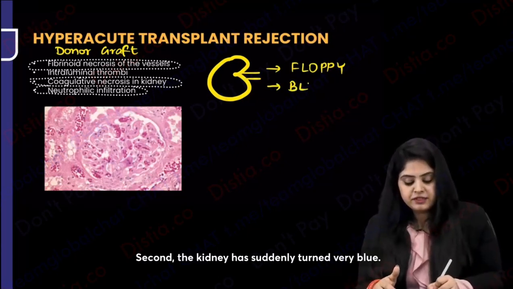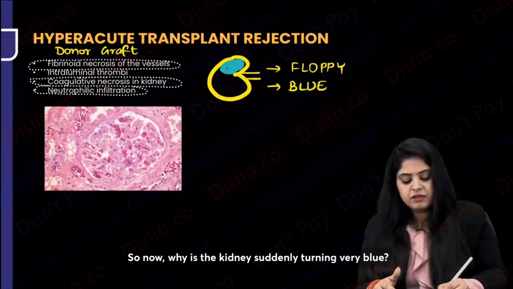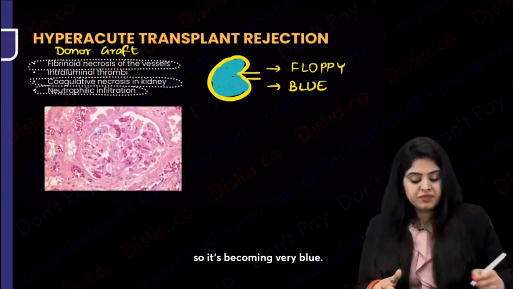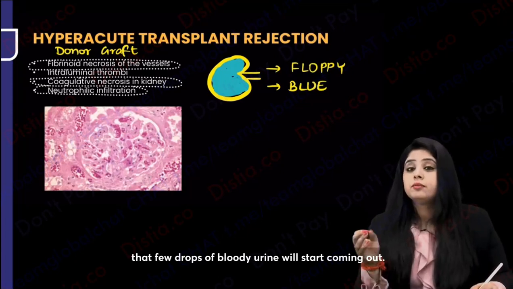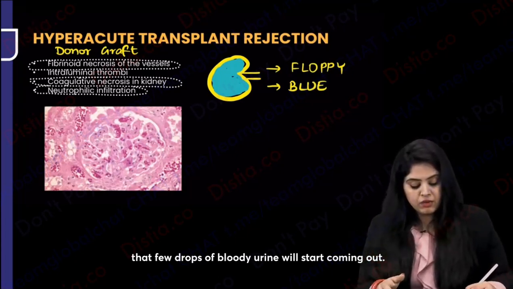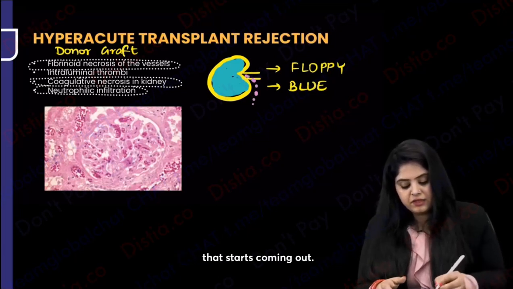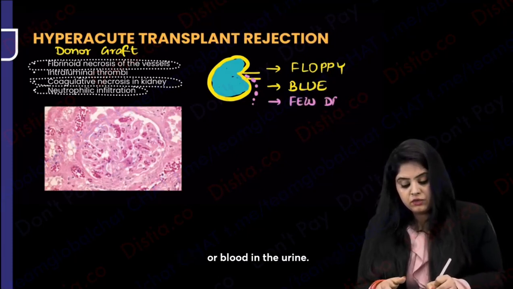Second, the kidney has suddenly turned very, very blue. So now, why is the kidney suddenly turning very blue? Because it has not got blood supply. Everything is dying, all necrosis is occurring, so it's becoming very, very blue. And also there will be realization that few drops of bloody urine will start coming out. So there are few drops of blood in the urine that you are going to see.